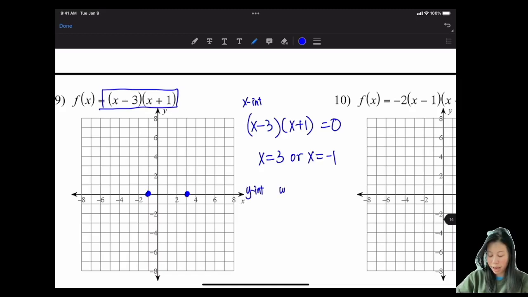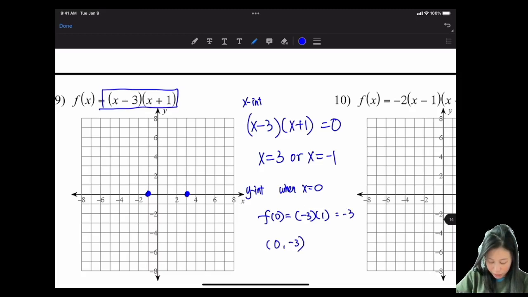The y-intercept is when x equals 0. So we substitute 0 into the function. We have 0 minus 3, and then 0 plus 1. So it gives you -3. So the y-intercept is (0, -3). And look at the function. Since a is greater than 0, we know that it opens up.